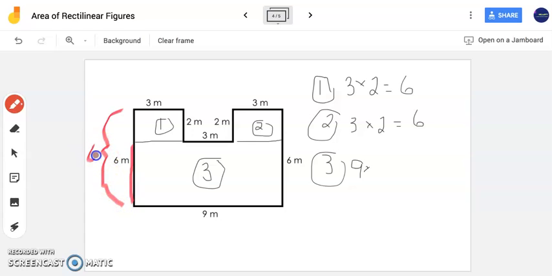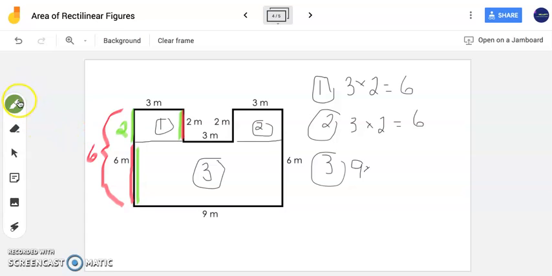But I see here that this is 2 meters. So if this width is 2 meters, and I'll do this part in green, that means this piece is also 2 meters. And if we know that this entire side is 6 meters and this little piece is 2 meters, we need to figure out what is this piece here.